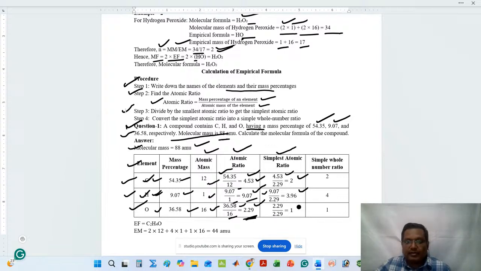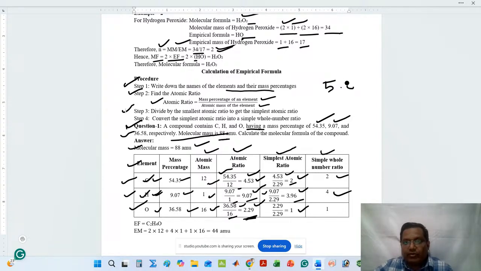Next step is the simplest whole number ratio. Look at that. This is a simple whole number, so there is no necessity of any change. Here I can write only 2. But if you think about 3.96, this is not a simple whole number ratio. It is a fractional value. So I can write the nearest simple whole number, that is 4.